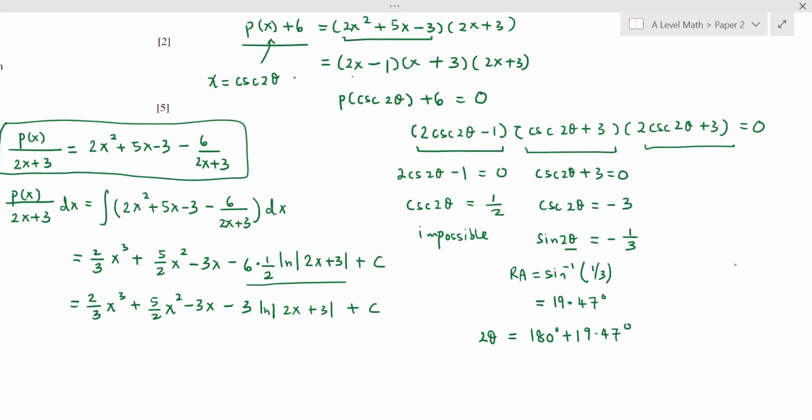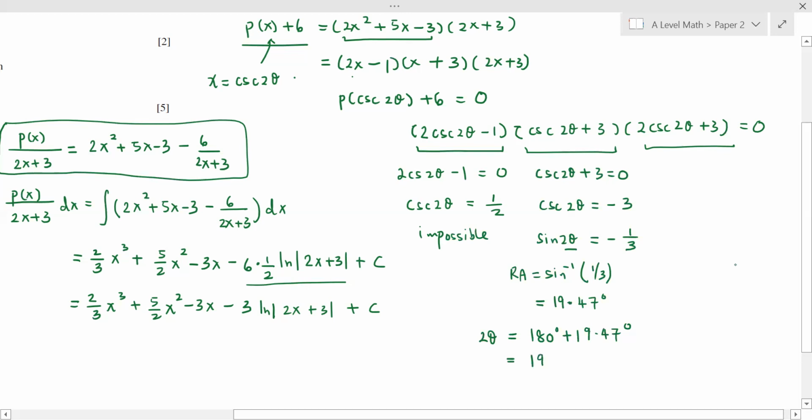If you imagine a quadrant 4 angle, you will not end up within the range of the required answer, so let's just forget about that. That will give you 199.47 degrees. Divide this by 2 to obtain the value of theta. That is 99.7 degrees. That is one of your answers. It's within the range from 0 to 135 degrees.